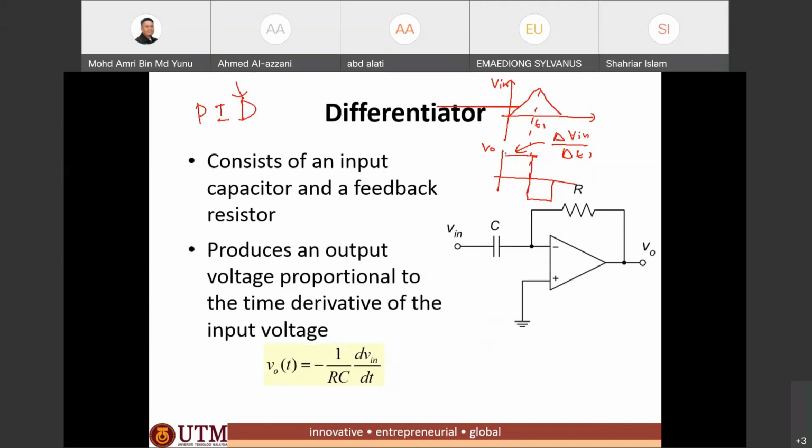The output will basically be the change of V input over the change of time, delta T, depending on the differentiator time, so the delta T can be set.